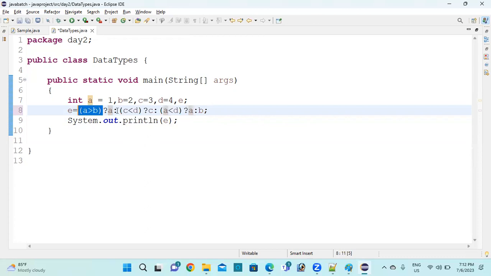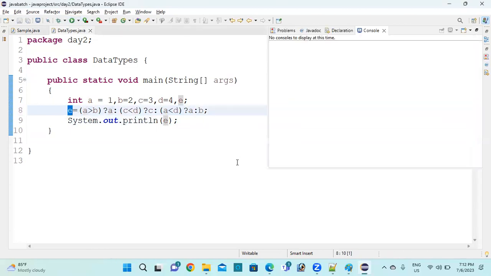Your condition is false, so the right side value is executed. Again, when this condition is true, the left side will be executed. Now this condition is false, so it shifts to here. This condition is true, so the A value will be executed. Now A will be stored in E, and your answer will be 1. So this is about the conditional operator.